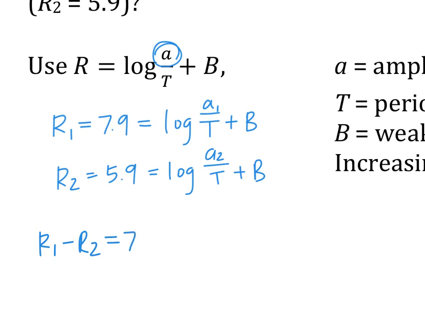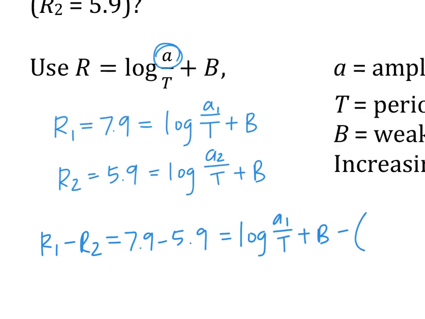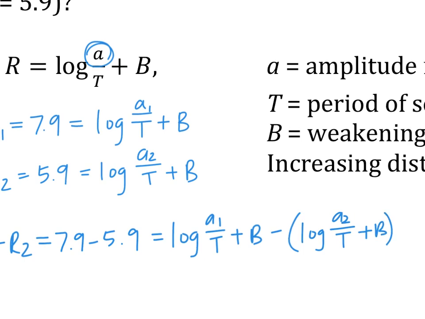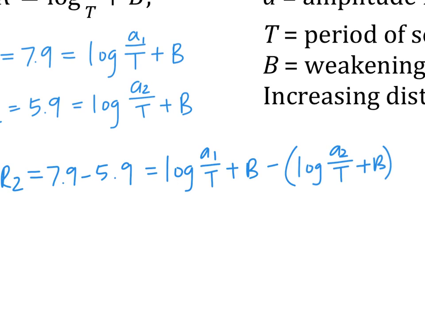Okay, so that's going to be 7.9 minus 5.9, which is the same as saying log A1 over T plus B minus the whole R2, so that's log A2 over T plus B. All right, 7.9 minus 5.9 is just 2.